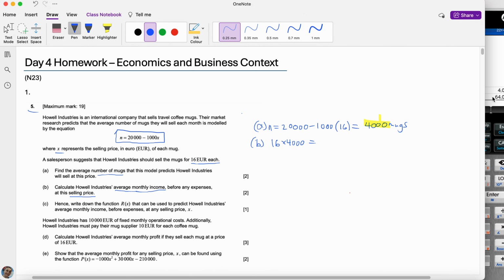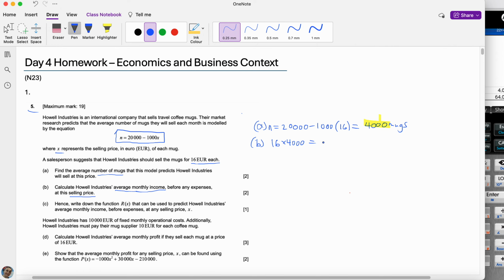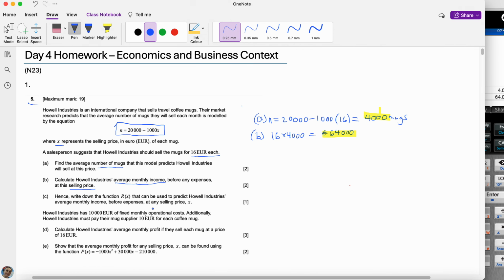Again, that is tricky, isn't it? So what you're going to do is take your price, multiply it by the 4,000, and you are then at, this one is euro, 64,000. So far, so good. Hence, write down R of X that can be used to predict the industry's average monthly income before expenses at any selling price.